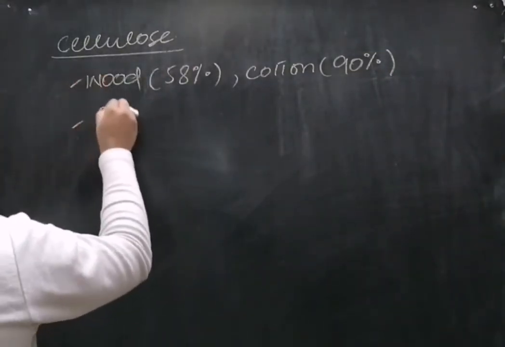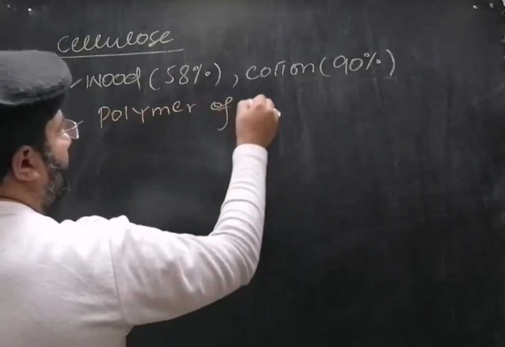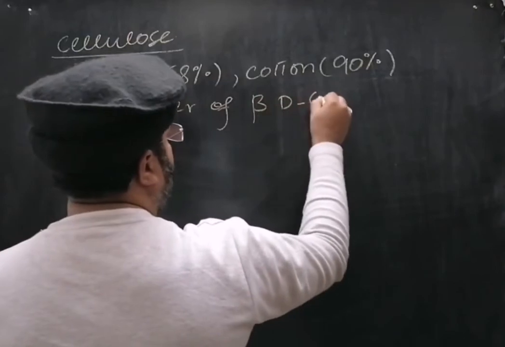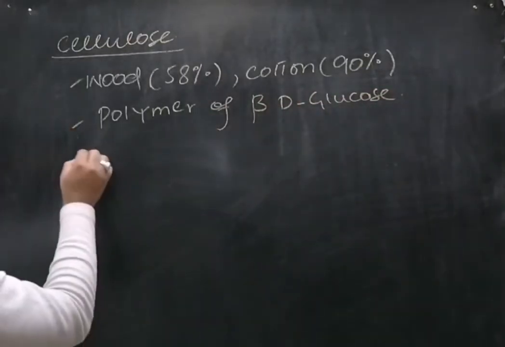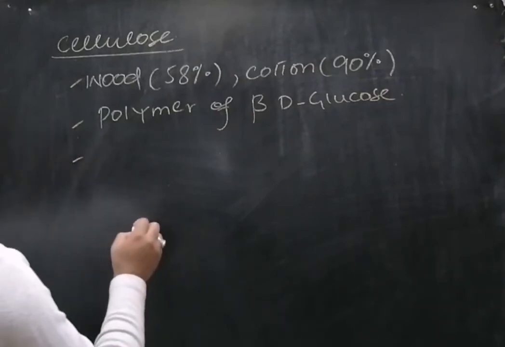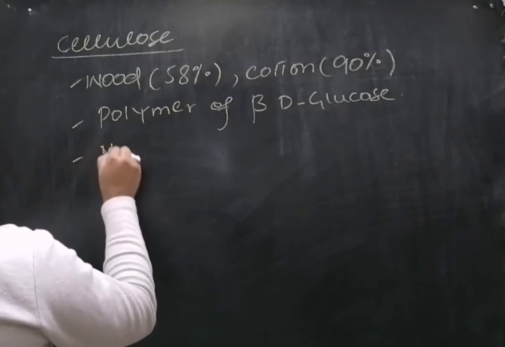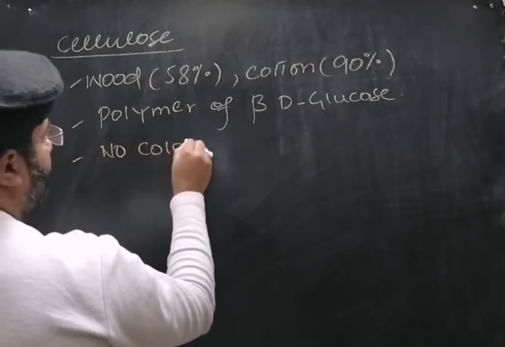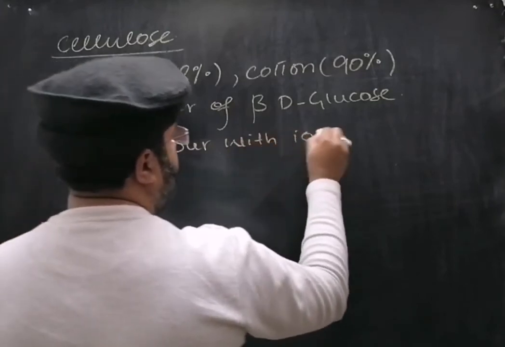Then cellulose is a polymer of beta D glucose. It is a polymer of beta glucose. Cellulose gives no color with iodine solution.